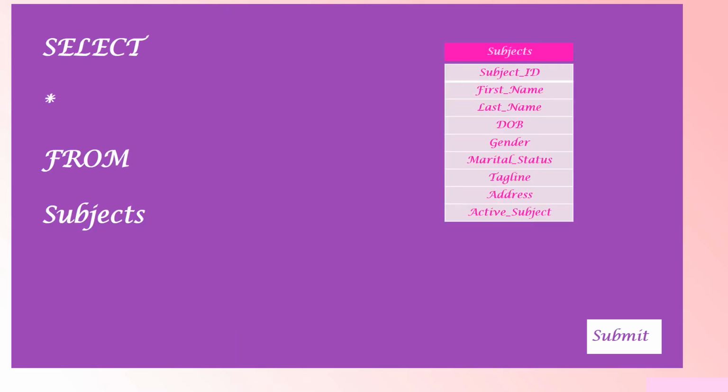Now say you wanted to return absolutely every single piece of data for every single column from the subjects table. You could either list out each column name in the select statement, so select subject ID, first name, last name, DOB, gender, marital status, tagline, address, active subject, from subjects, or you could use a special keyword that the database recognizes.